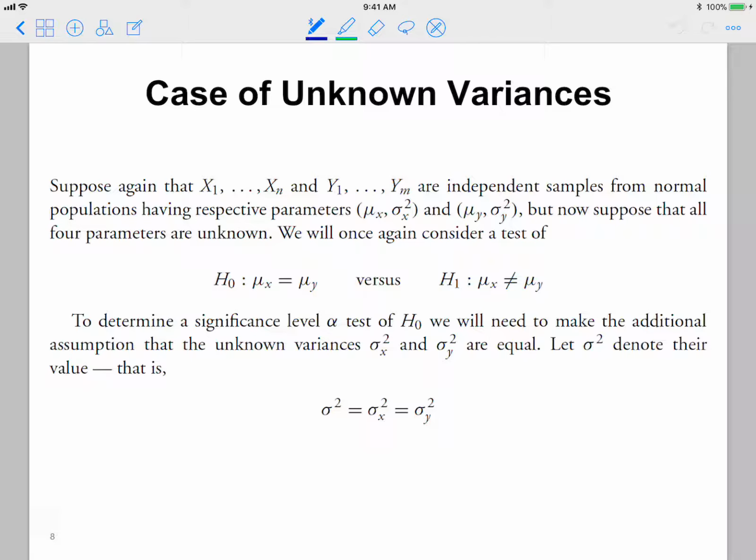Okay, and then the next thing is the case where the variances are unknown. If you remember the previous chapter, when the variance is unknown and we consider two different normal distributions, although we do not know their variances, we assume that they are the same, right?